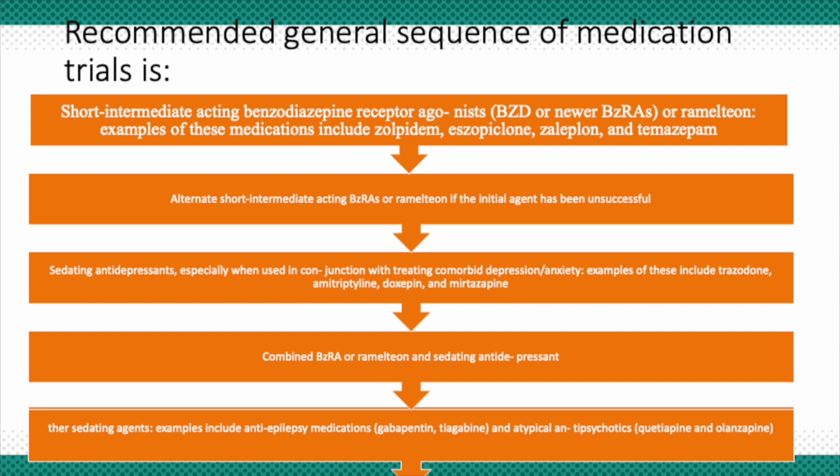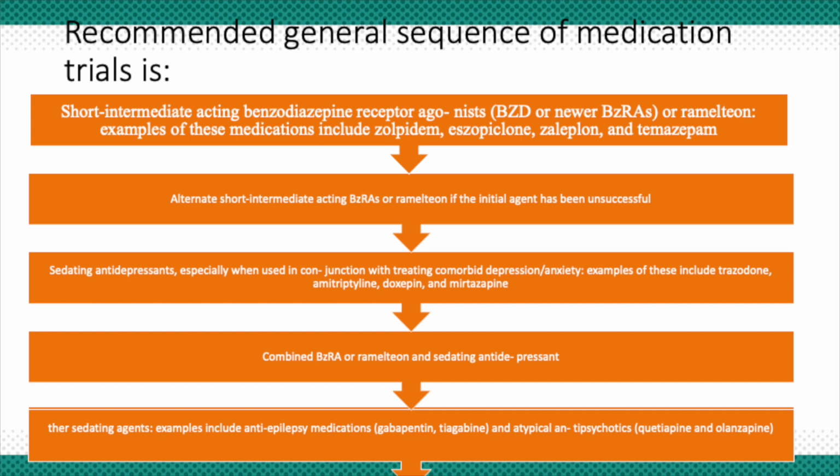So that has to be the initial protocol, or we can start with melatonin, which acts on melatonin receptors. Now these medicines, the short acting benzodiazepine agonists, as we know, zolpidem, eszopiclone, zaleplon, they are easily available, and these are often prescribed to patients complaining of insomnia.